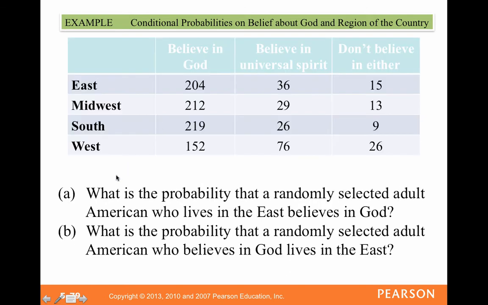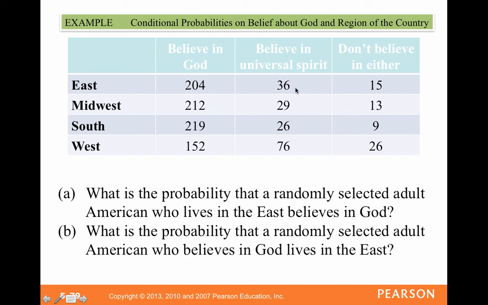The first question says, what is the probability that a randomly selected adult who lives in the East believes in God? Well, this is a conditional probability because we know the person lives in the East, and we want to know the probability that they believe in God.